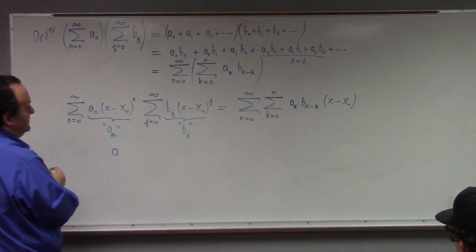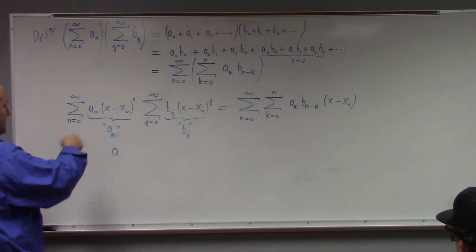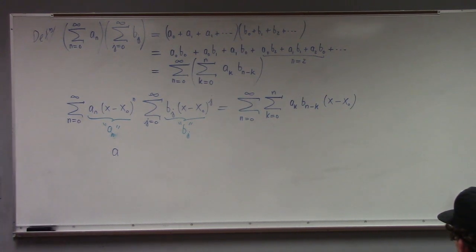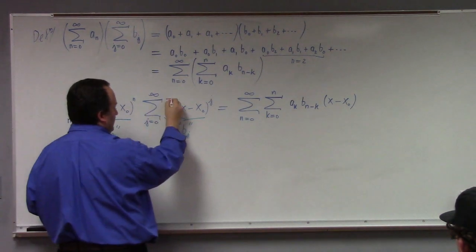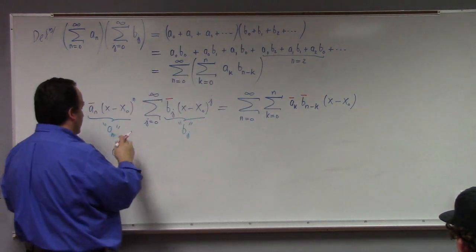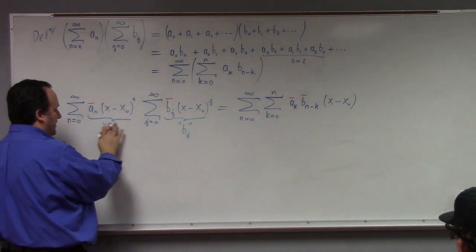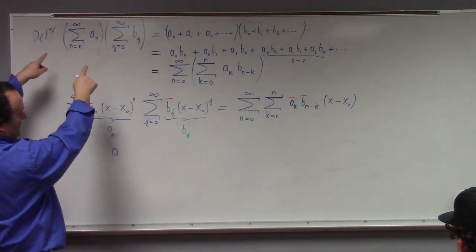My bad. The easy fix here is to put bars on these ones down here so you don't get lost in the difference. Sorry, guys. I'll put a bar on this one, and this one, and this one. All right, so then I don't need quotes. This is a sub n, and this is b sub j. No scare quotes, like that.